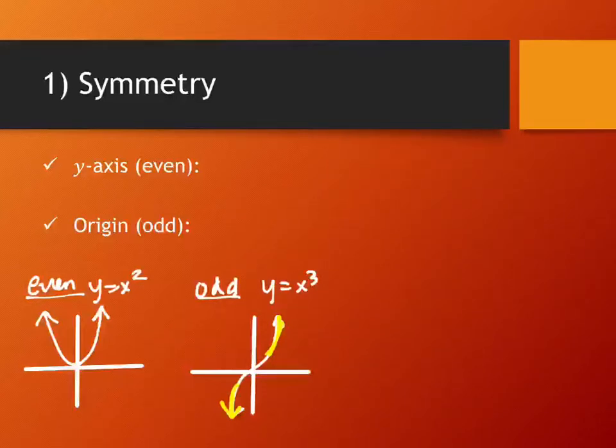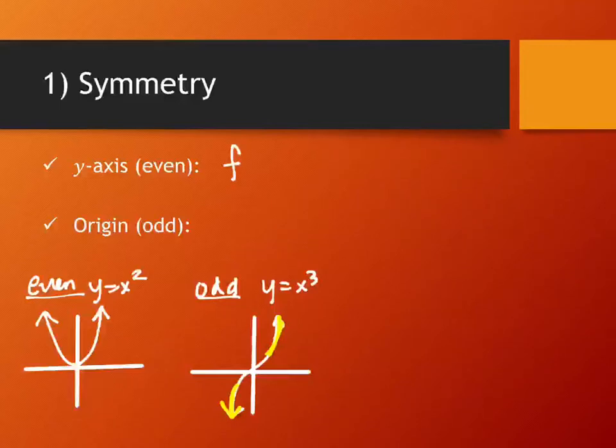Graphs are great for visual purposes, but sometimes they can be a little bit elusive. They don't actually give you enough information to know for sure. It just looks like it might be. So there's a more concrete way of determining this, and that's going to be algebraically. It's not a very hard algebraic step.